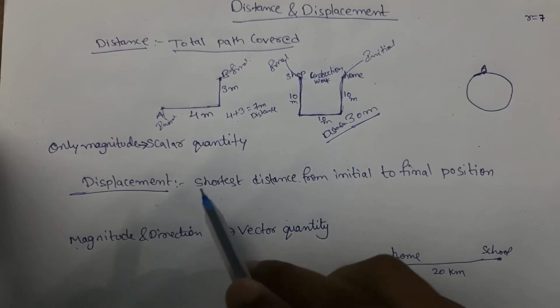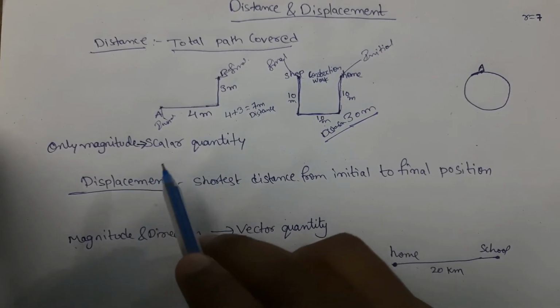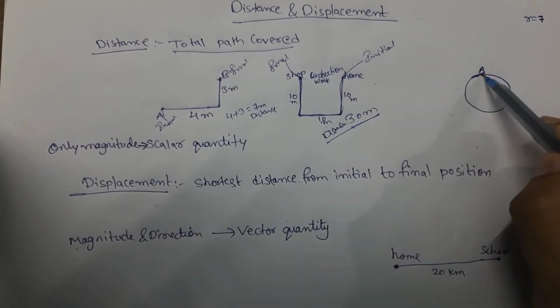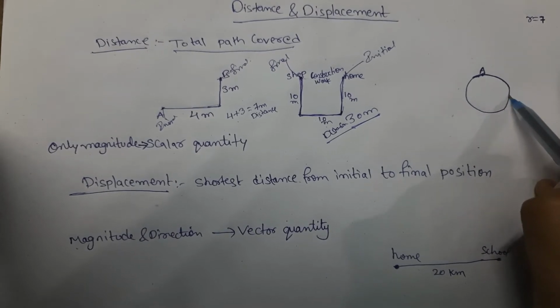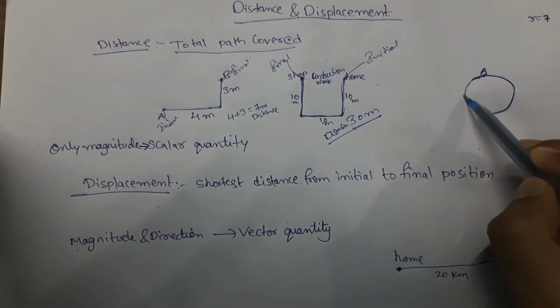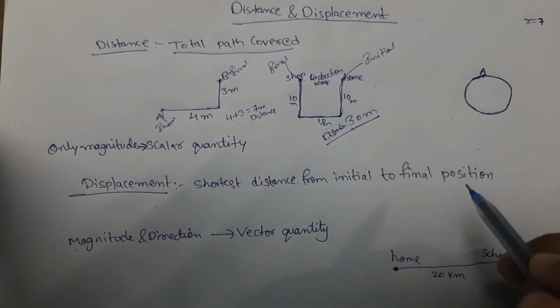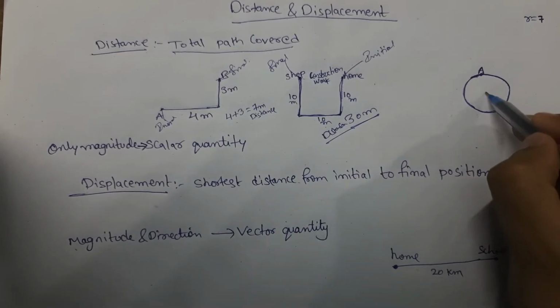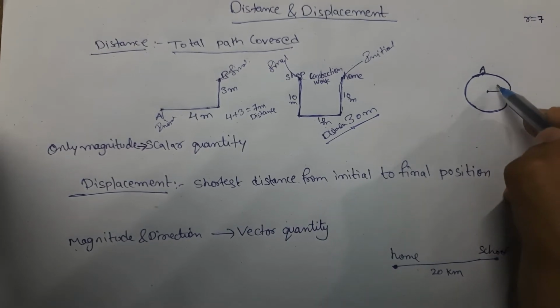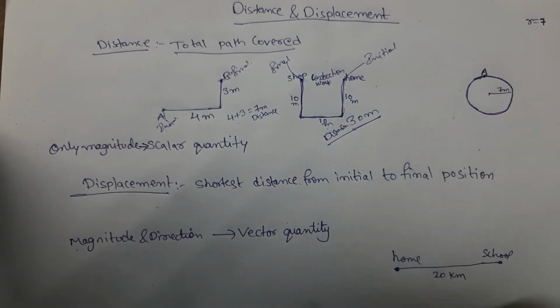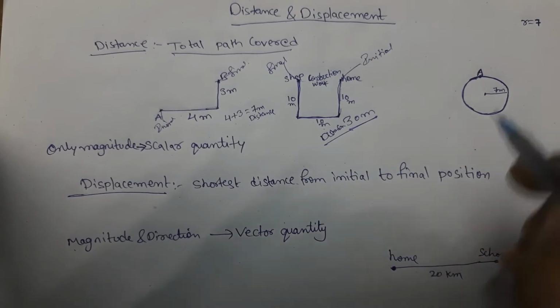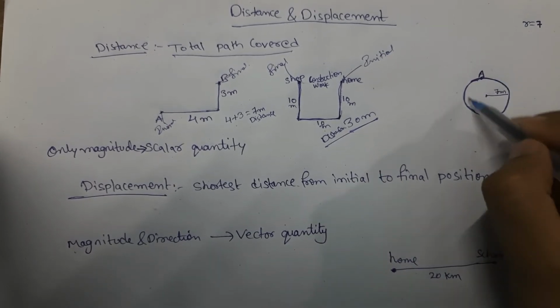And again, for example, let's say this is a circular path, like you are running in a stadium, and let's say the radius of this circle is 7 meters. Then what is the perimeter of this circle?